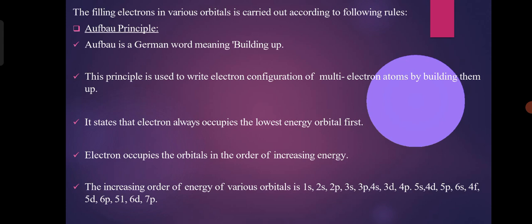Electrons occupy the orbitals in order of increasing energy. So the increasing order of energy of various orbitals is 1s.